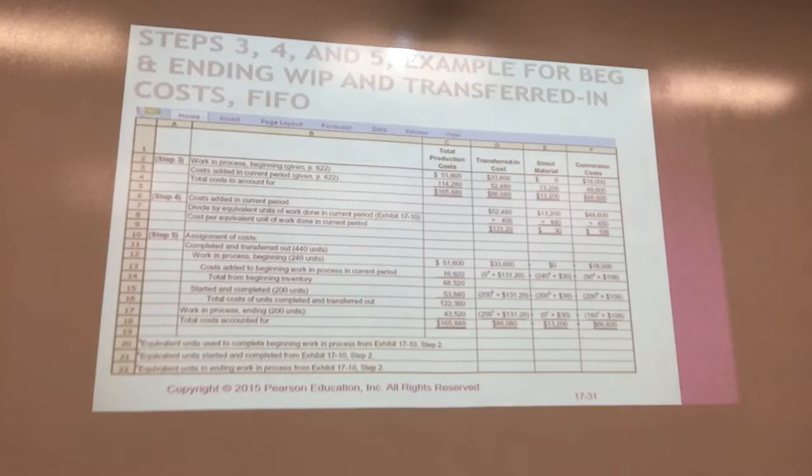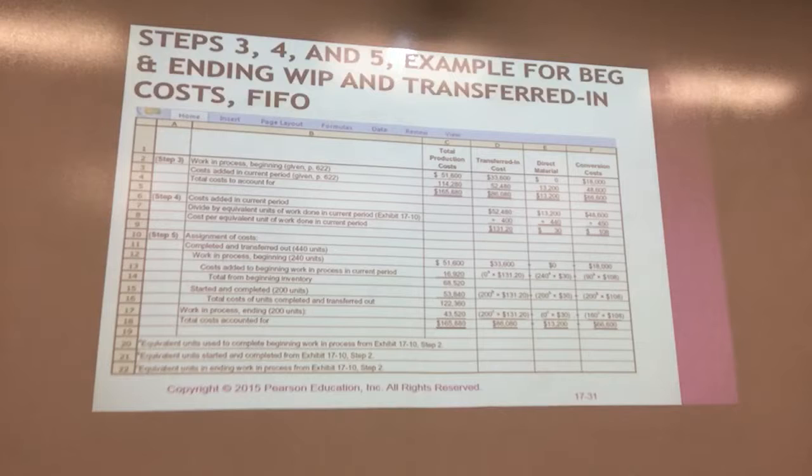Now, again, step 3 is exactly the same for both processes. The difference is where, in step 4? Well, I mean, step 3 is the same as before. Yeah, the exact same. In step 4, where's the difference? Well, you're just using the cost you added in the current period.